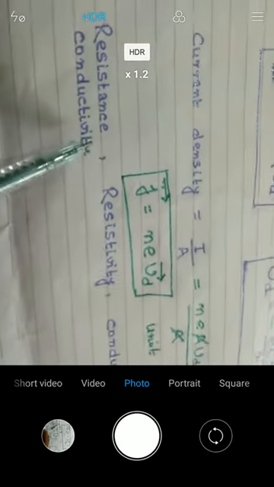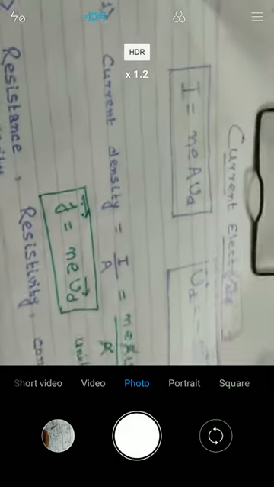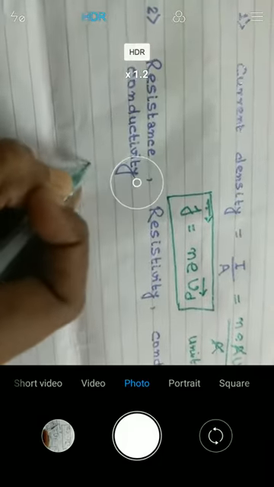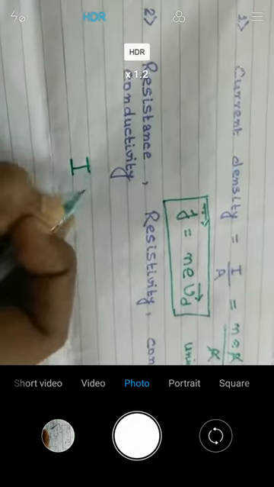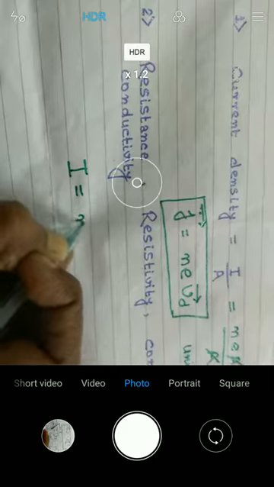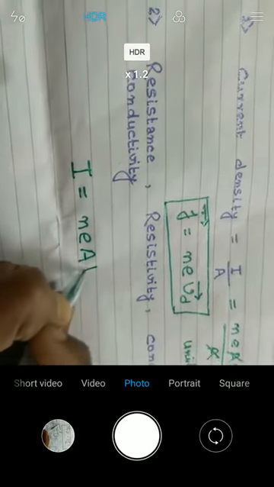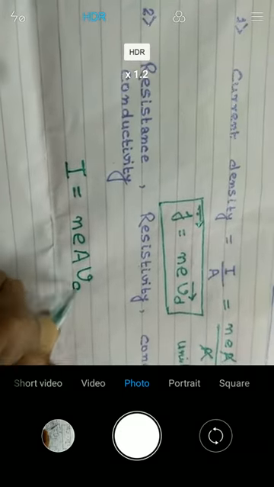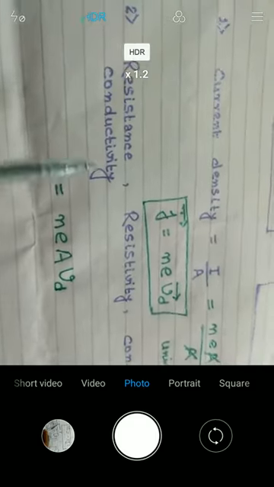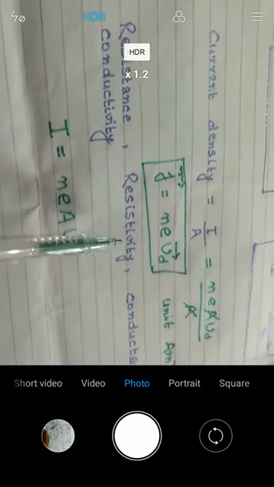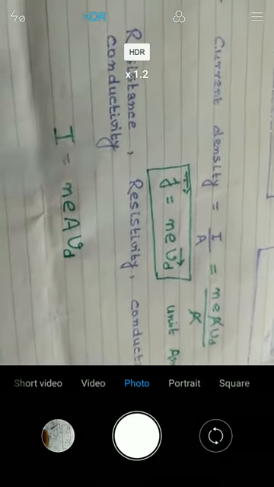Now for deriving the formula for resistance, resistivity, conductance and conductivity, I will suggest that start with this basic formula, I equals neAvd, and step by step you will obtain the formula for all these physical quantities.